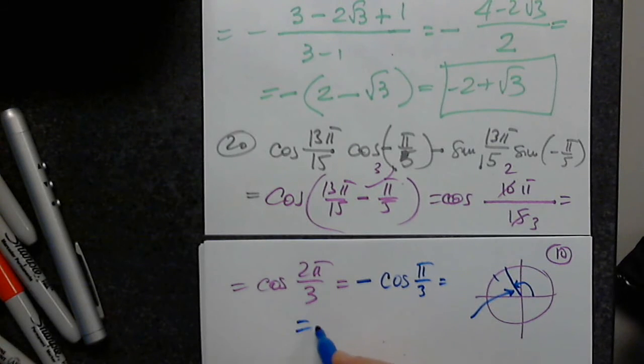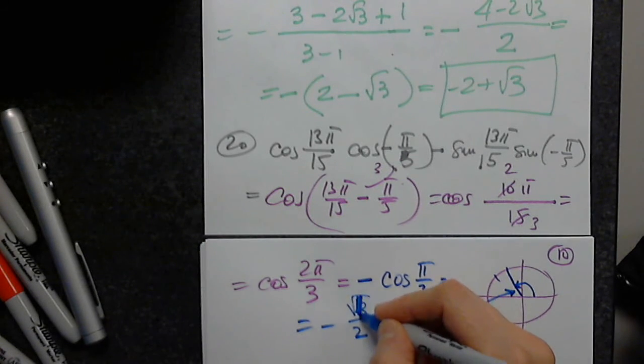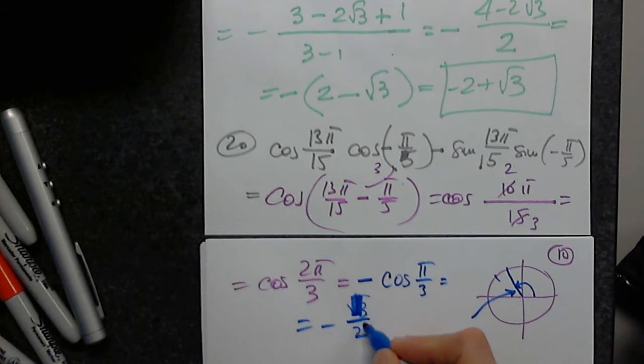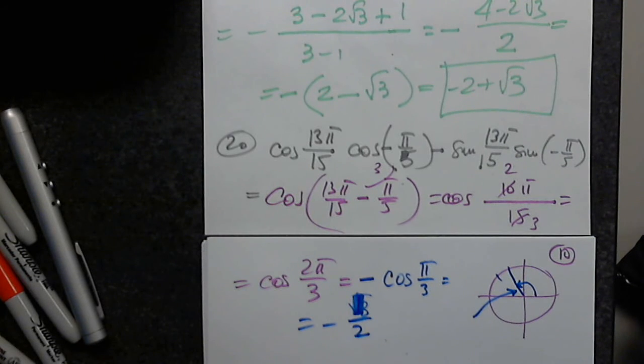Sine of pi over 3 is the square root of 3 over 2. Cosine is 1/2 for pi over 3. Sorry about that.